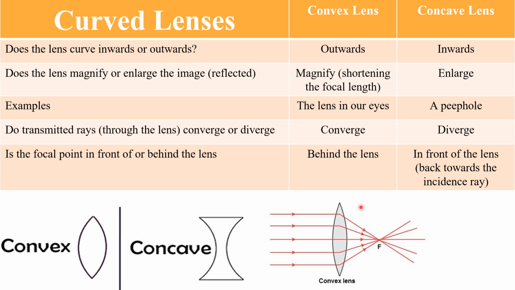So we have a sharp image. So therefore the opposite will occur with a concave lens. It'll cause the light rays to be transmitted through and they'll diverge away. So therefore, as we can see here with the convex lens, we will get our focal point behind the actual convex lens, whereas we'll have to work backwards with a concave lens to find that focal point.